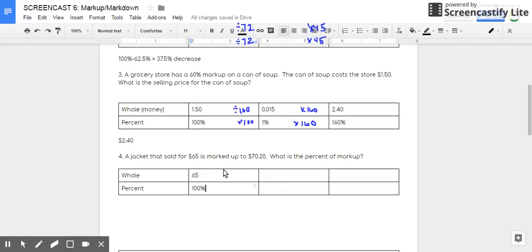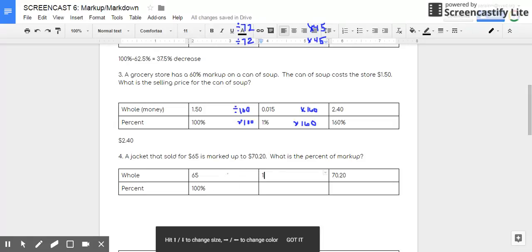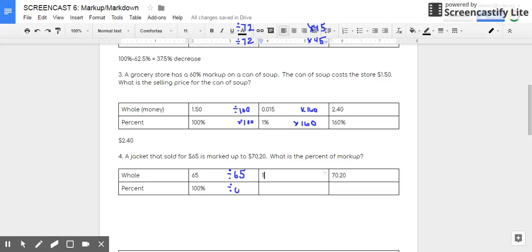We are trying to mark up the jacket from $65 to $70.20. We cannot go from $65 to $70.20, so we are going to scale down to our unit rate. We are going to do this by dividing by 65, because 65 divided by 65 gives us 1. We have to do the same in the denominator. So then we have 100% divided by 65.